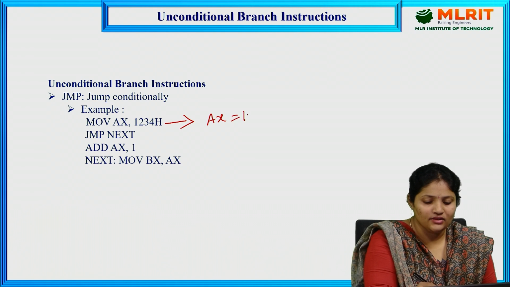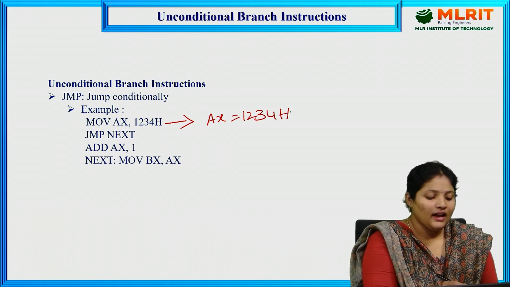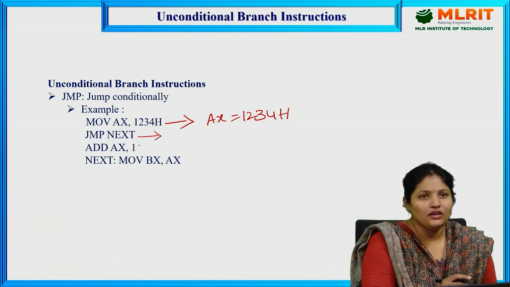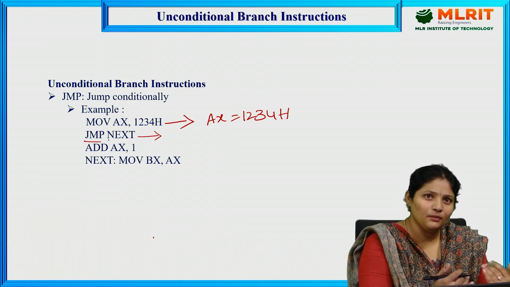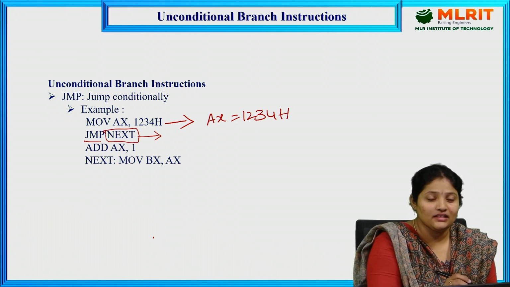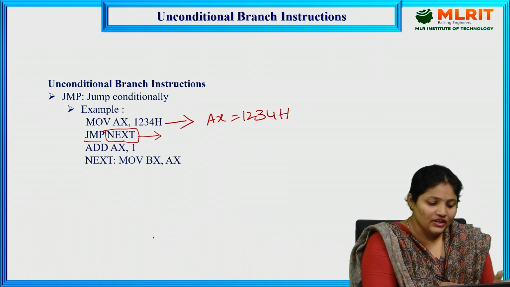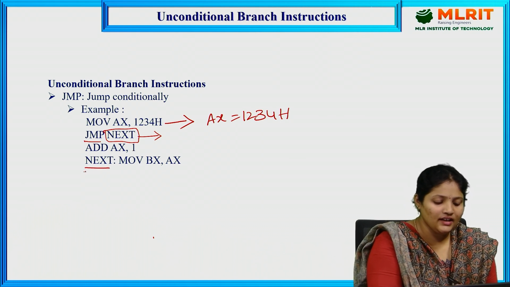Now the AX register has the data 1234H, and next, without any condition, we mention JMP. The control will be moved to the location where I have specified the label, so it changes to the instruction where the next label is present.